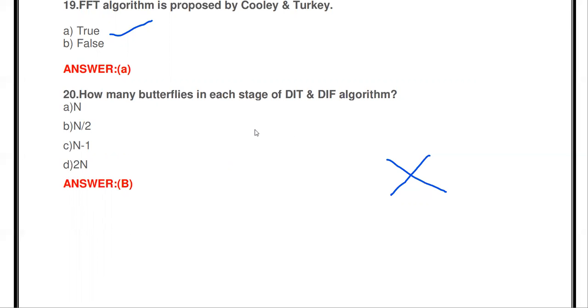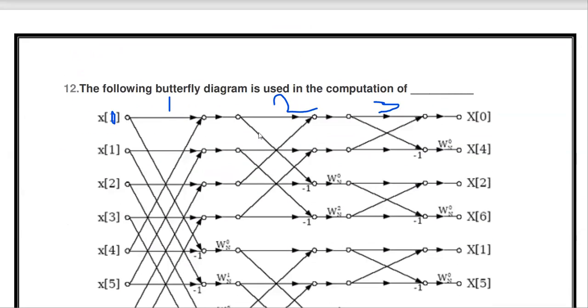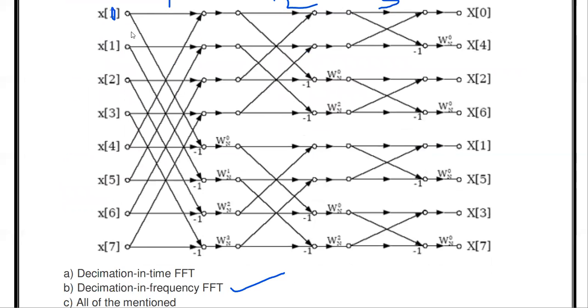Here you see this 8-point butterfly diagram. In the first stage, how many butterflies? This is one butterfly, 4 butterflies are there. In the second stage also, this is one butterfly, this one is one butterfly. You see, this X is called one butterfly.